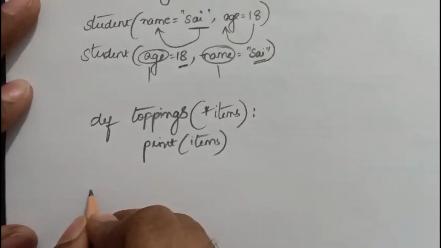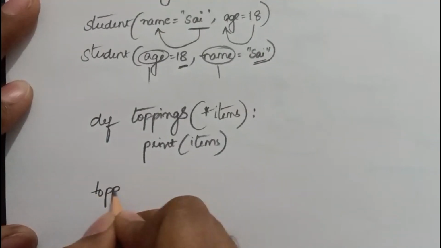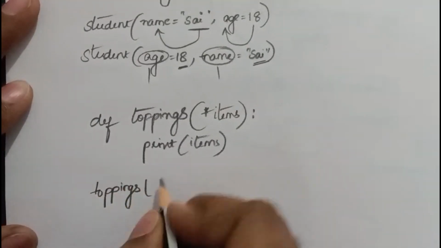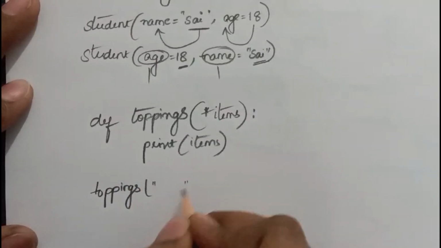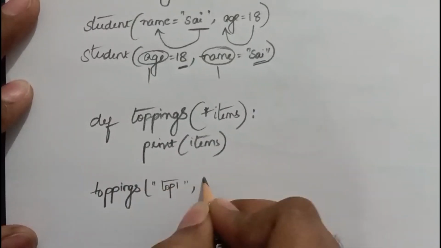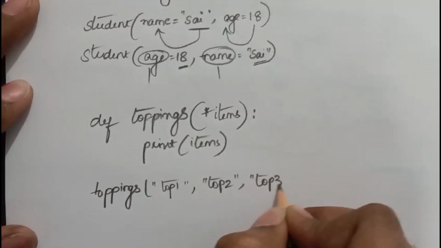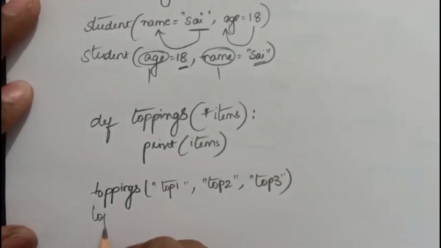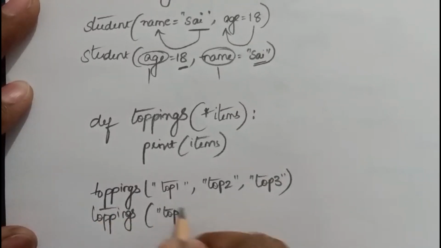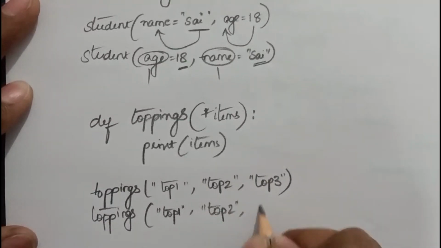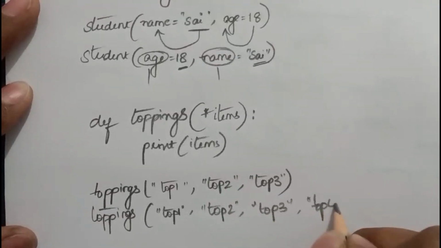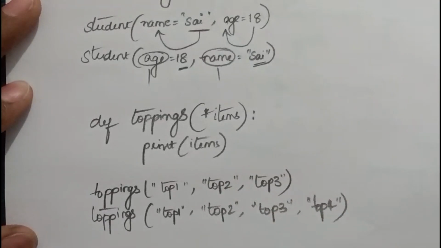Now let's suppose you are calling the toppings function and you want three types of toppings. Let's say topping 1, topping 2, topping 3. Your friend calls the same function with 5 types of toppings because he or she wants more items to be placed on top of the pizza. Like this, she can pass multiple number of toppings.